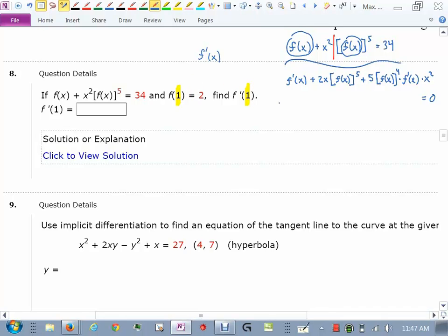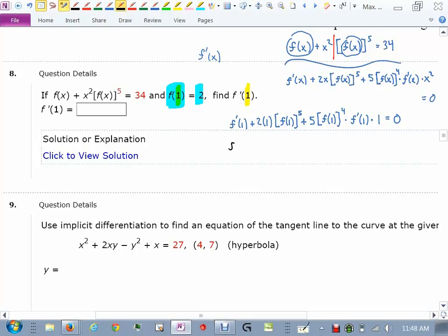So this means that f prime of 1 plus 2 times x is 1 times f of 1 to the 5th power plus 5 times f of 1 to the 4th power times f prime of 1 times x squared, which is 1 squared, which is 1, must equal 0. Now, what is f of 1 in the problem? They say f of 1 is a 2. So everywhere I see an f of 1, I'm going to replace it with a 2.